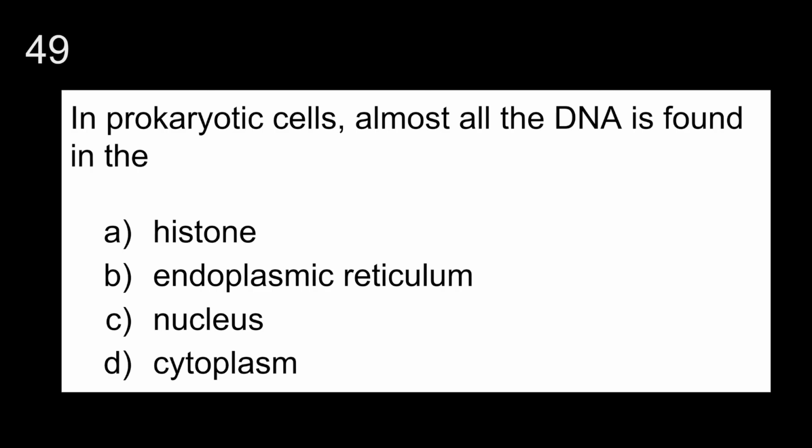In prokaryotic cells, almost all the DNA is found in the A, histone, B, endoplasmic reticulum, C, nucleus, D, cytoplasm. And the answer is D, cytoplasm. So prokaryotic cells are bacterial cells, and they don't have a nucleus. So their DNA is found in the cytoplasm. Whereas eukaryotic cells, it's found in the nucleus.